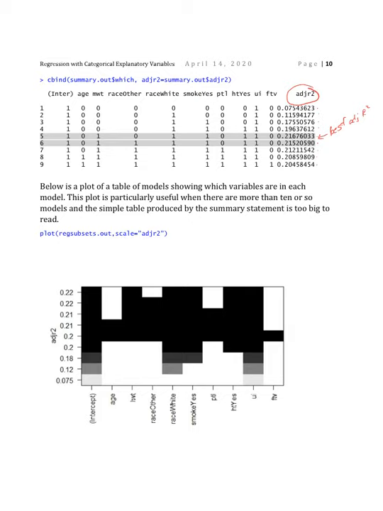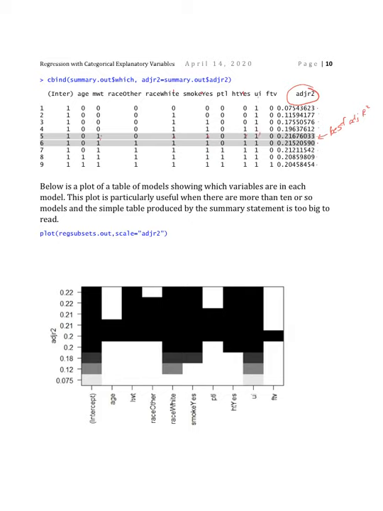That would be the model with the variables mother's weight, race white, smoke yes, hypertension yes, and uterine irritability.